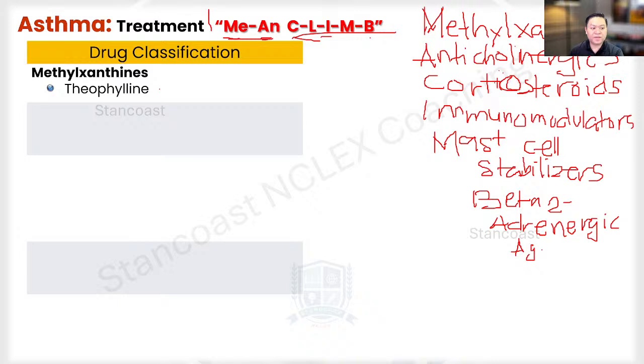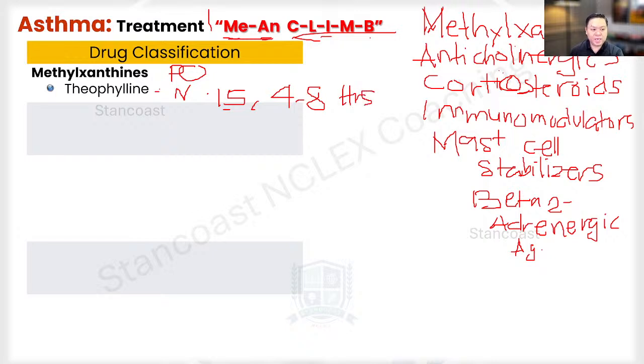It could be given in the oral route, or it could be ordered as IV, okay? Now, the onset of the IV theophylline can work within about 15 minutes after the injection, and this can last for about 4 to 8 hours. So that's how the theophylline can work.